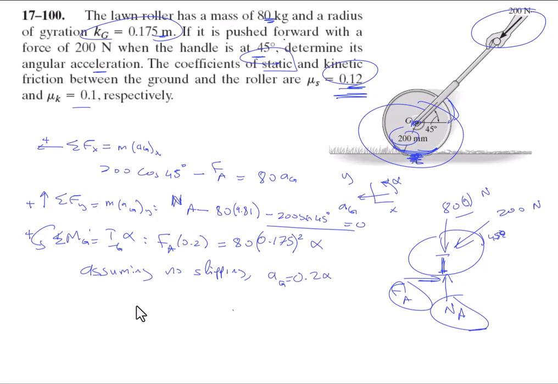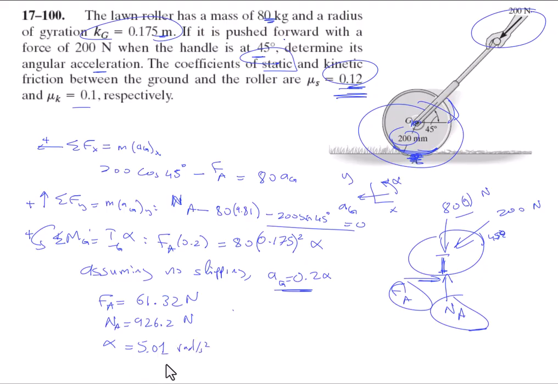If you do this and carry on the calculation, this is the assumption that closes the number of knowns and unknowns. So you'll have F at A, friction force, 61.32 Newton, and the normal at A 926.2 Newton, and lastly alpha 5.01 radians per second squared.